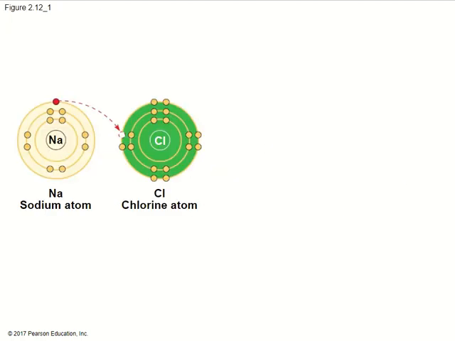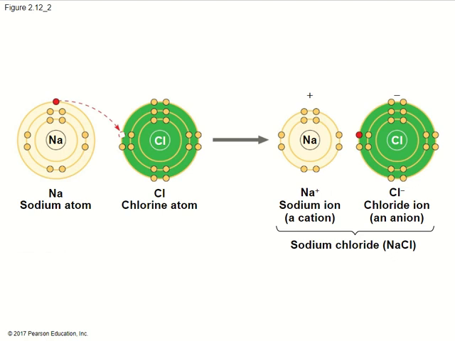For example, sodium, which usually has one valence electron in its outermost shell, can give that electron to a chlorine atom, which normally, as a neutral atom, has 7 electrons in its outermost shell.